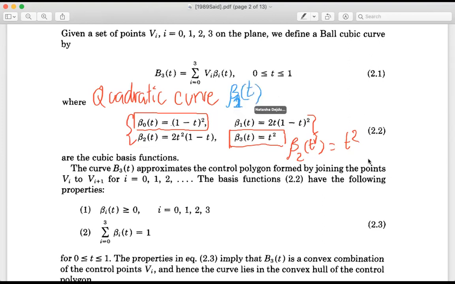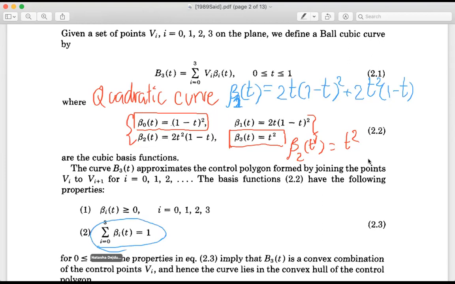will be 2t(1 minus t) squared plus 2t squared(1 minus t). This will sum to 1, am I right? Because of this formula. This one is going to be the first polynomial and this one is going to be the last polynomial.